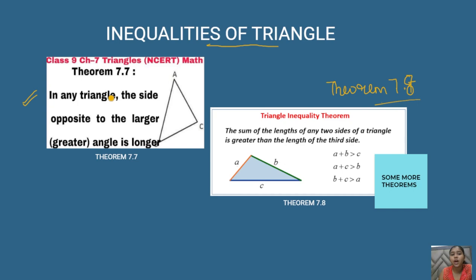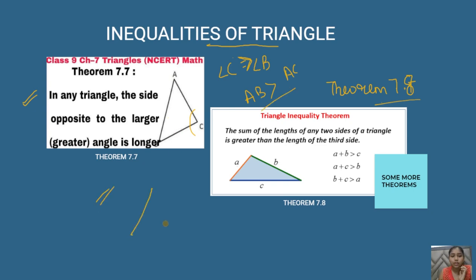In any triangle, the side opposite to the larger angle is longer. Let's suppose that angle C is larger than angle B. In that case, the side opposite to it will be longer. It means AB will be greater than AC. This is what we mean by theorem number 7.7.